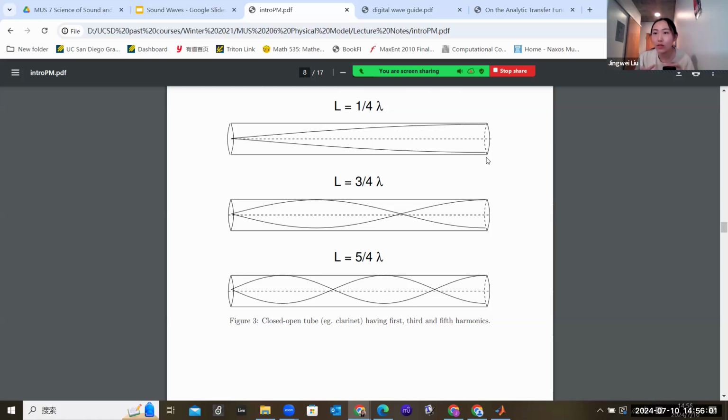And when you play those tubes or those parameters on the computer, you can generate similar, realistic sound, as if generated by a piano, a violin, or any instrument.